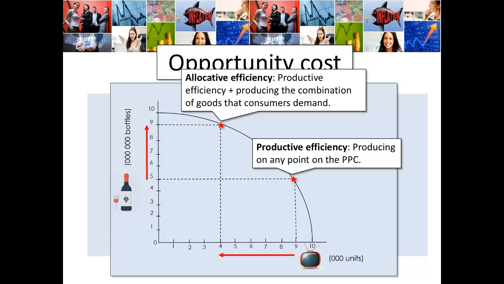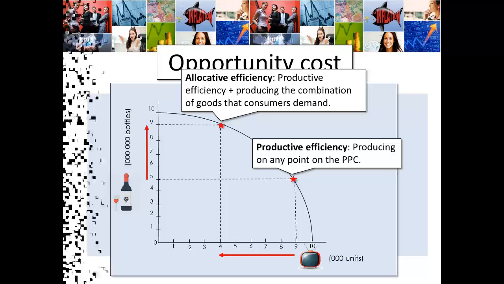So if this point is allocative efficiency, that means the consumers in this economy would prefer additional wine and fewer TVs. Productive efficiency, you can be producing anywhere on the PPC, but allocative efficiency, you're producing and consuming the combination of goods that the consumers demand.